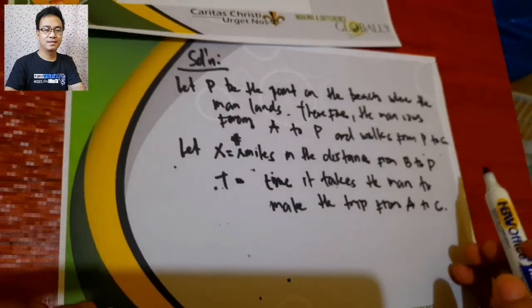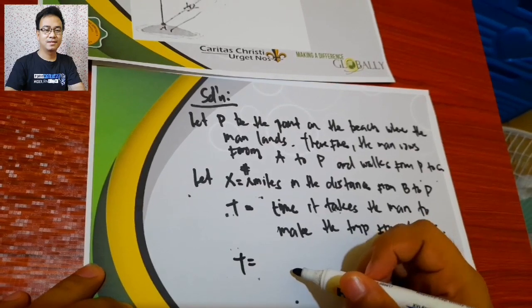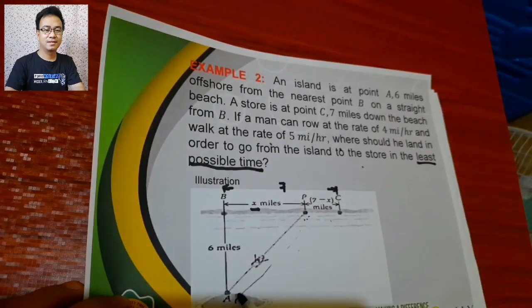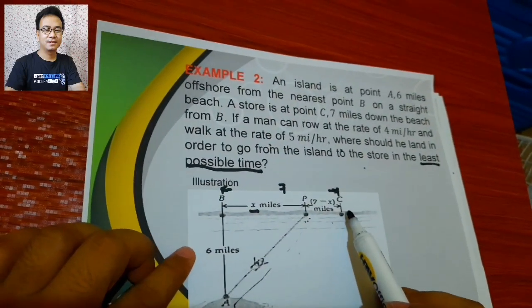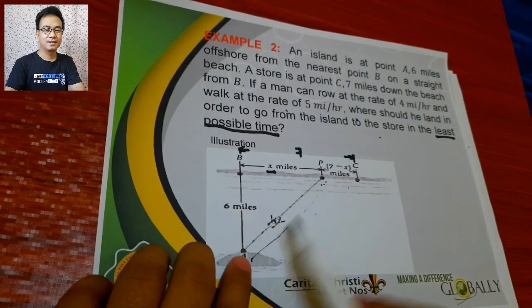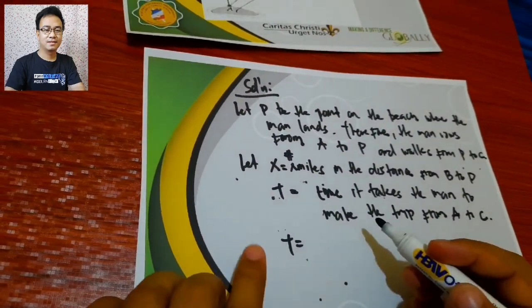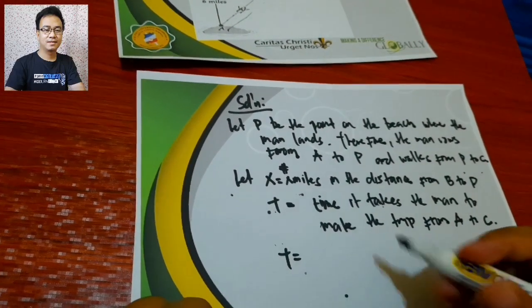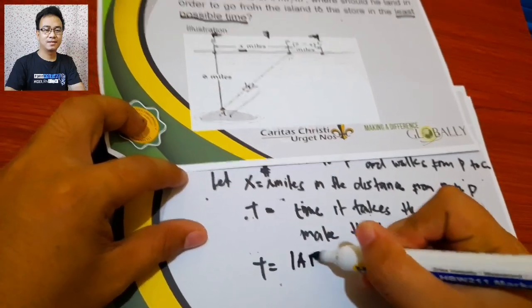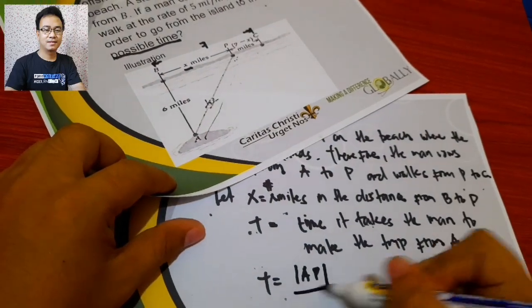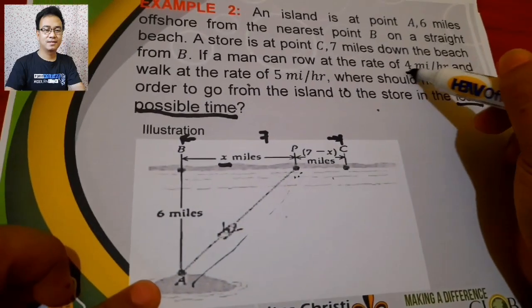If that's the idea, then T will be the number of hours to go from point A to point P plus the number of hours from point P to point C. Now, having those idea that a man travels from point A to point P and then from point P to point C, then therefore, since time is obtained by dividing the distance by rate, T will be the distance from A to P divided by the rate, which is the rate of a man traveling from point A to point P, that is 4 miles per hour.